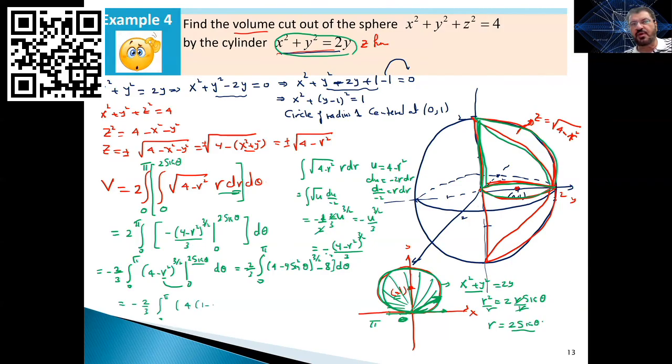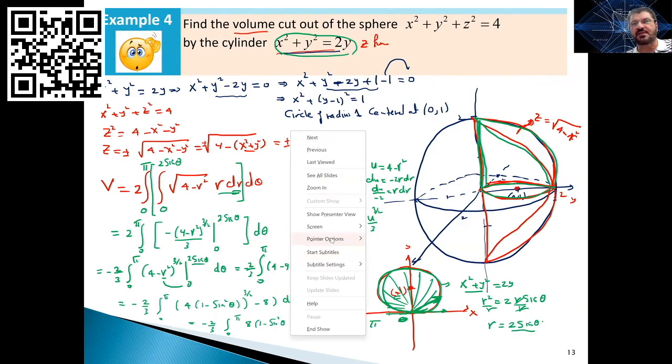So what am I left with? 1 minus sine squared theta, all to the 3/2 minus 8 d theta, which is equal to minus 2/3 integration from 0 to pi. Now 4 to the 3/2 is 8, isn't it? So this is 8, 1 minus sine squared theta. By the way, let me change minus this one. Why am I keeping writing this one?